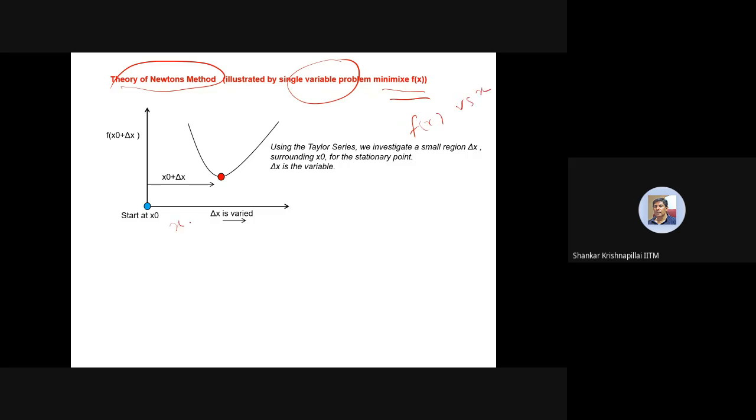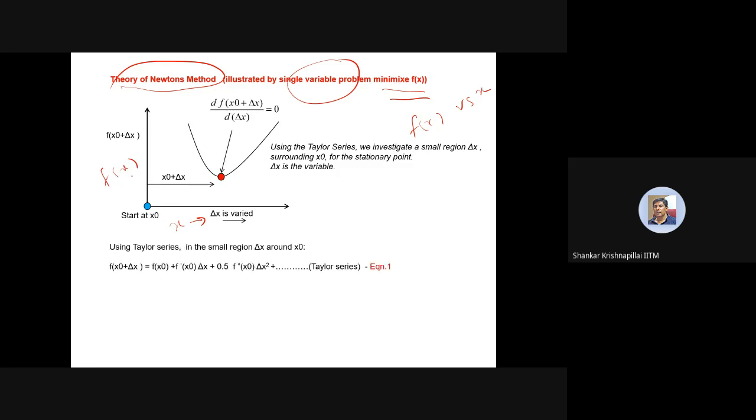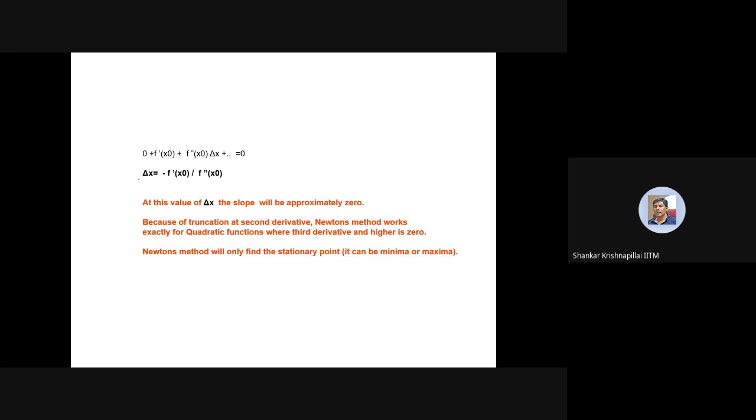By using the Taylor series truncation, we obtained this equation for delta x for a single variable problem. So if you have the objective function like this, starting from x naught, then at this distance of delta x, you are likely to find the minima. Now you can extend this for two variables.